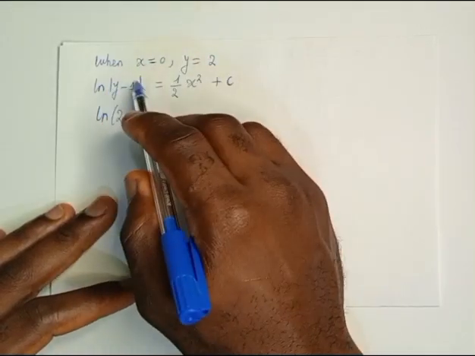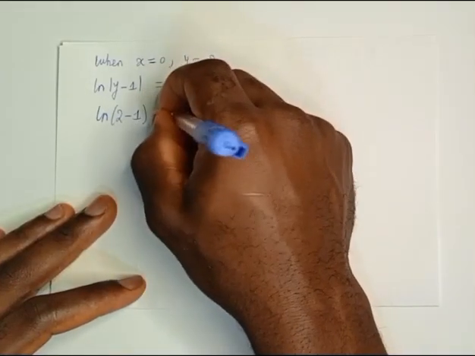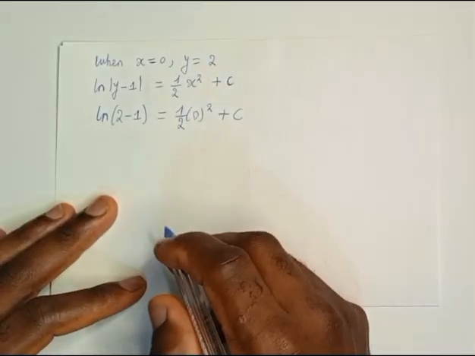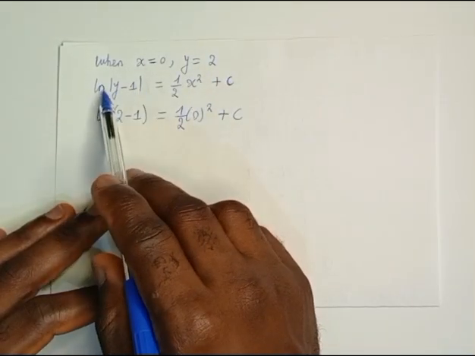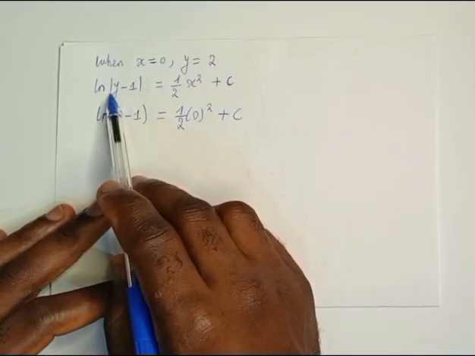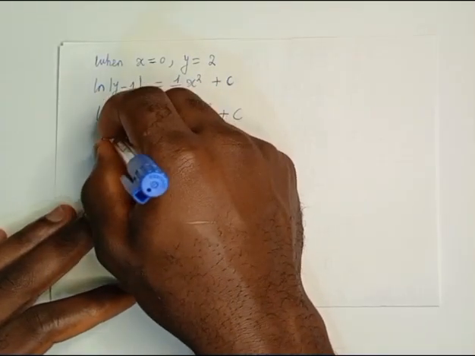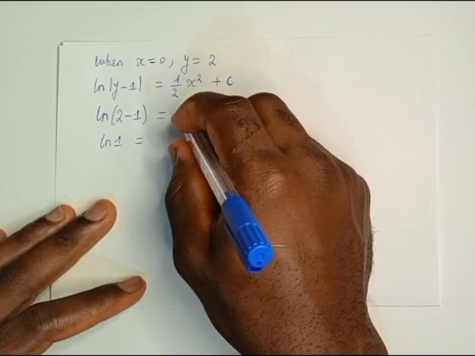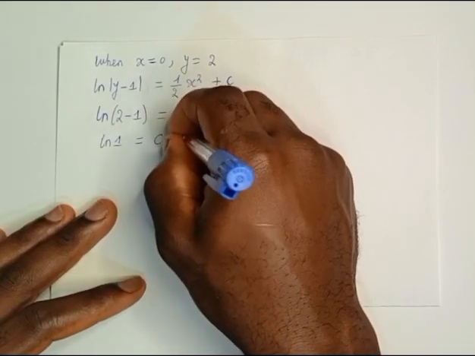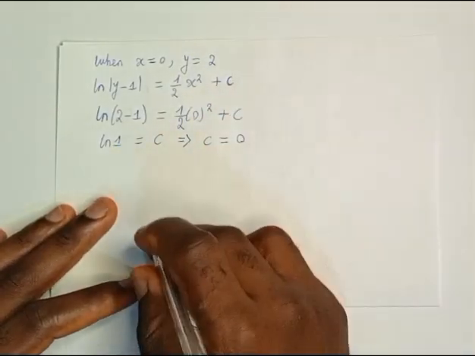We are going to remove the magnitude signs since it is going to give us a positive result. This is equal to a half times 0 squared plus c. The reason why we have this magnitude sign is simply because we cannot take the ln of a negative number. Take note of that. This will give us the ln of 1 to be equal to 0 squared, which is 0, times a half remains 0, plus c. Then our c will be equal to the ln of 1, which is 0.